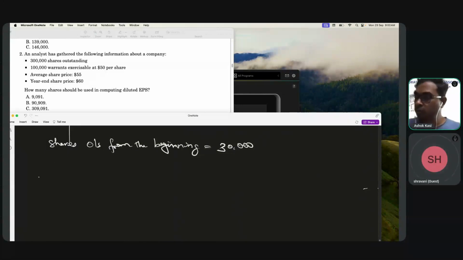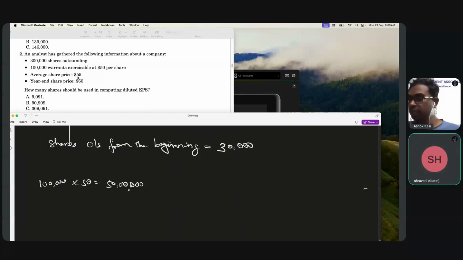So 1 lakh warrants you have received at the rate of 50. Just calculate this: 50 lakhs, correct? So 50 lakhs you have received. Now you have to buy back at the rate of 55, so one share is 55. For 50 lakhs, how many shares can you buy back?